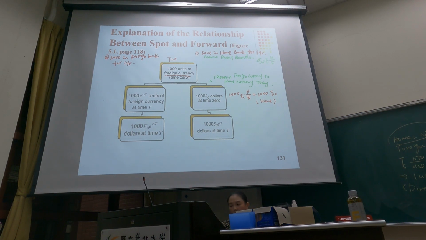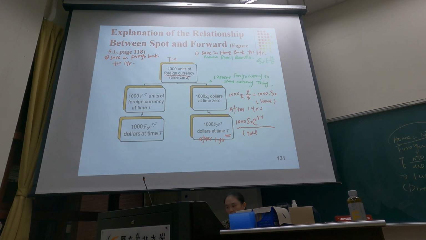Okay. Now, at time T, after 1 year, assuming 1 year, when you put your money into the bank to save for 1 year, how much do you get? 1,000 S0. You already converted to home, right? Times R to the power of T, because the interest rate is R, the home savings interest rate.